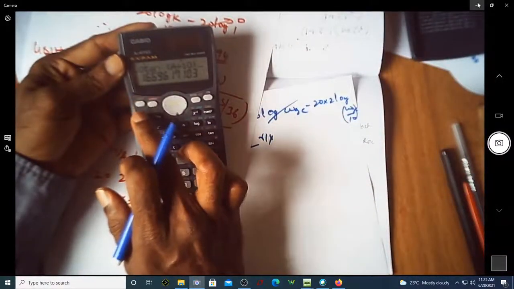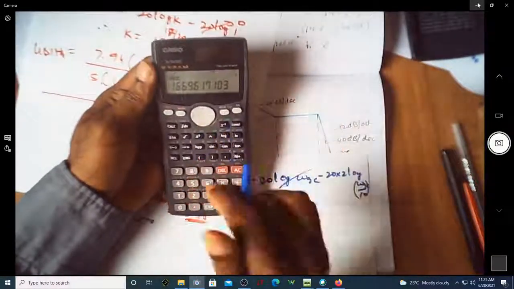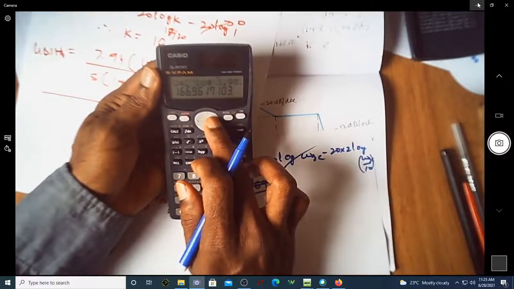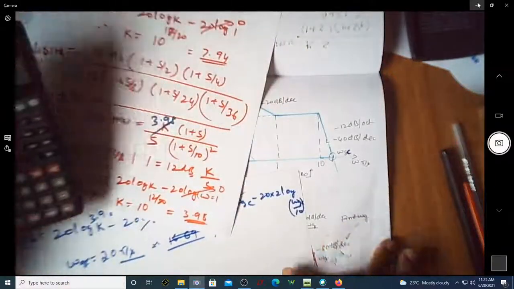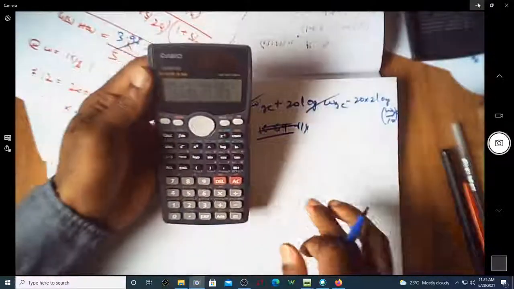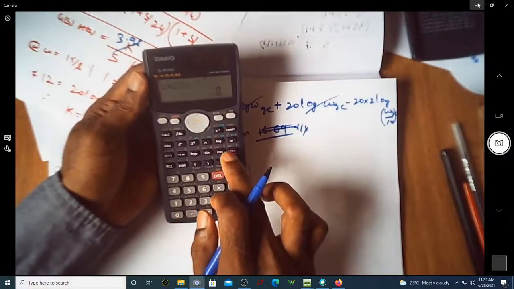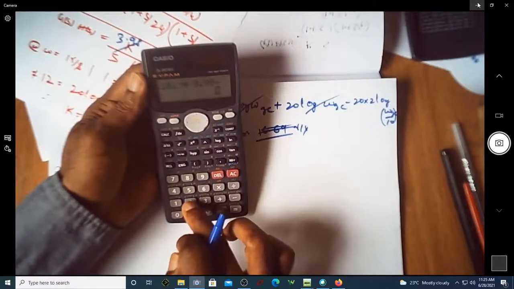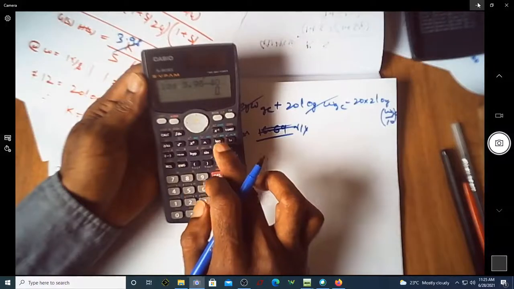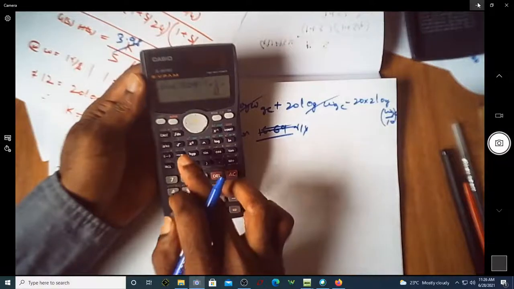If I now shift cal twice, I should get close to 20. Just a minute, I think I made something wrong here. It is 0 equals 20 log of 3.98 minus 40 log of 0.1 alpha a.